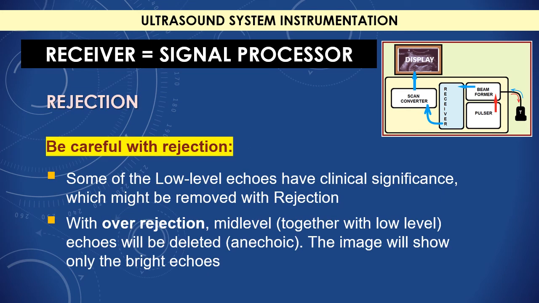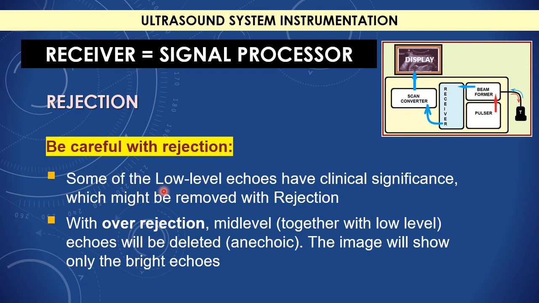Be careful about using rejection. Why? Because not all the low-level echoes that we are removing are coming from noise. Sometimes we have tissues whose echo pattern is low-level. Low-level echoes will sometimes be represented on the screen as clinically significant reflections.